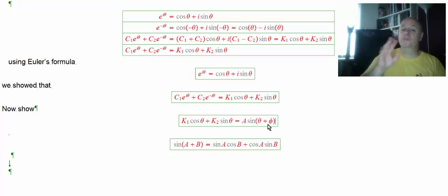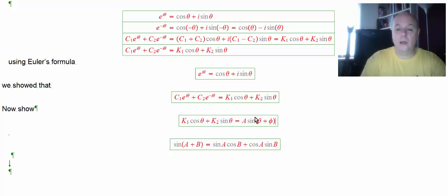So in each one of these three cases, we had two constants, C1 and C2, K1 and K2, and here's another two constants, A and phi. A is for amplitude, and phi, a nod to electrical engineering, is for phase shift. We're shifting this sine back and forth. So I would like to prove that this is the same thing as this.